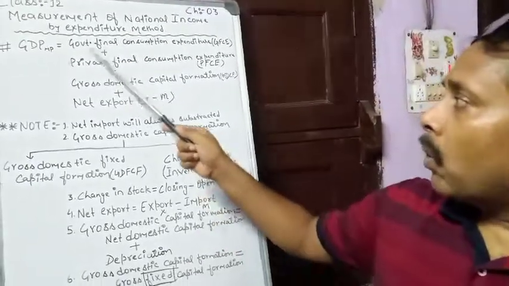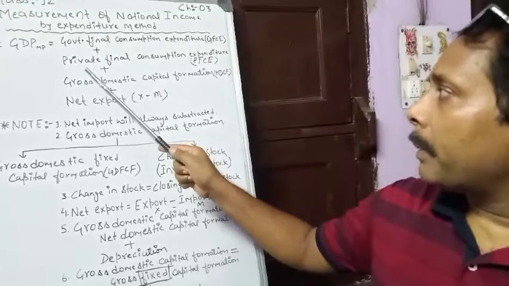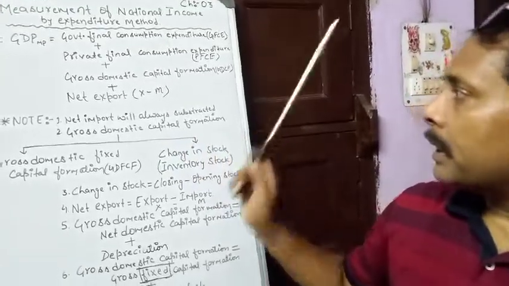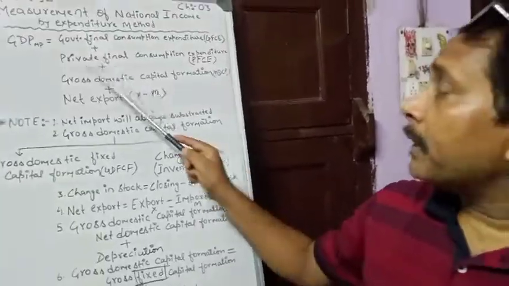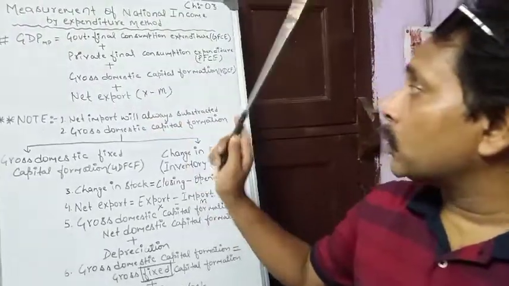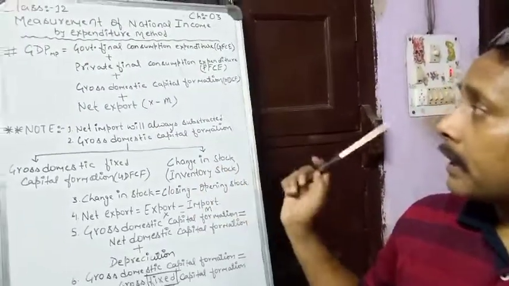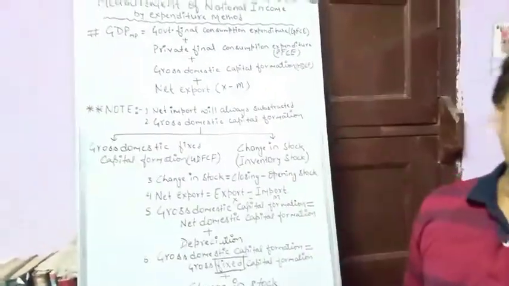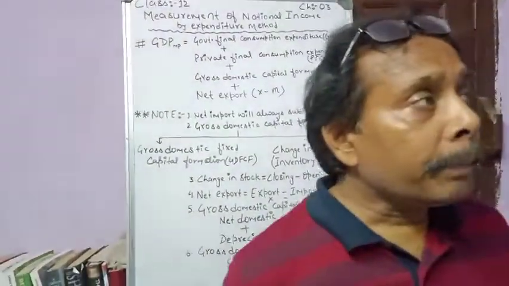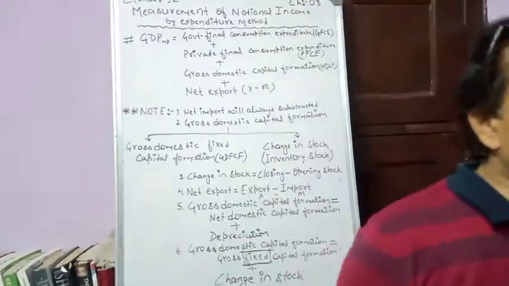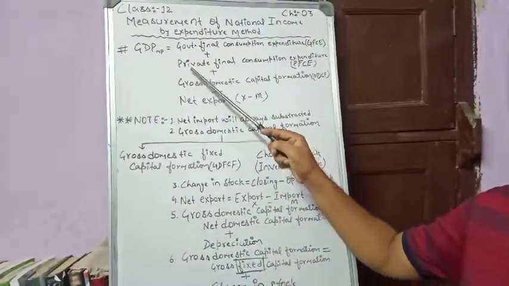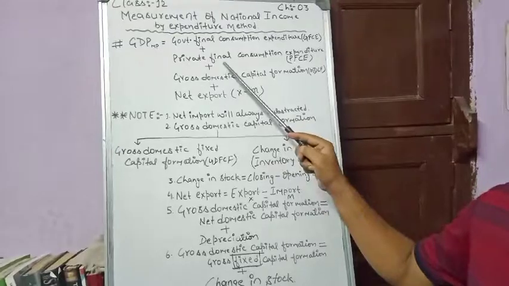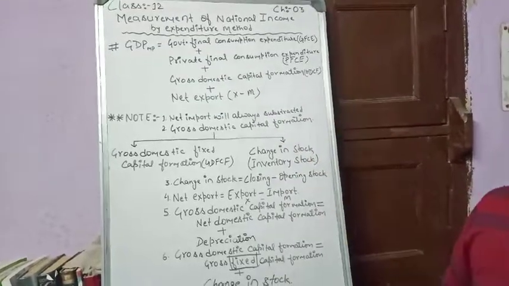So all the households will come under the private final consumption expenditure. Even the businessman will also come under it. If we take the businessman, it means the capital goods will be purchased by them, and that is also a part of private final consumption expenditure.